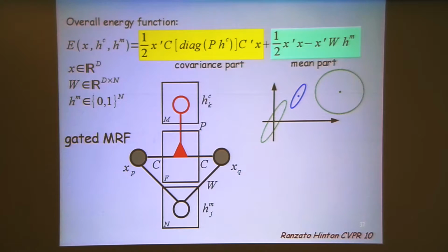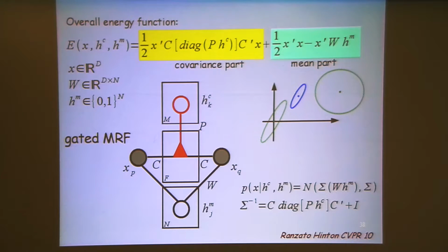And now, if you think about what's going to be the conditional distribution over your pixels given the latent variables, it's going to be a Gaussian that has a non-zero mean and a full covariance. And that's exactly what's written here. So this energy function defines an inverse covariance matrix that is equal to this quantity plus the identity that comes from the mean part. And then the conditional distribution is going to be a Gaussian that has this mean and that covariance, okay? So it's very simple.